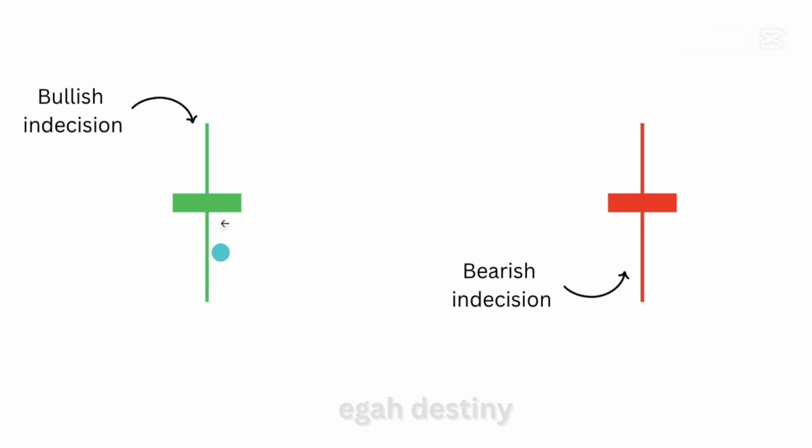Because of the tussle between buyers and sellers, the candlestick was indecisive, hence the name indecision, creating a gap both at the top and the bottom, leaving just small leeway for the candlestick. This kind of tug of war creates an indecision, meaning neither buyers nor sellers were able to act effectively.